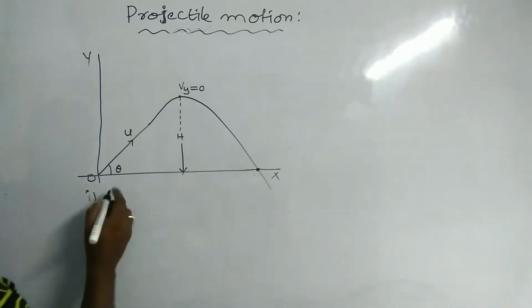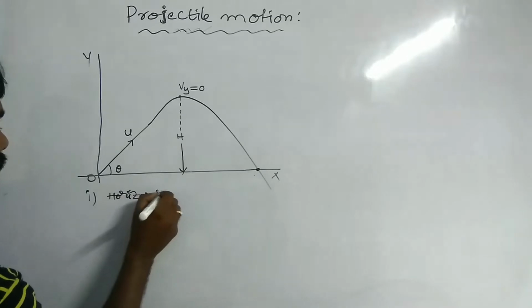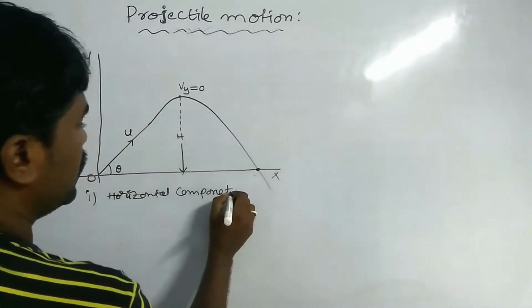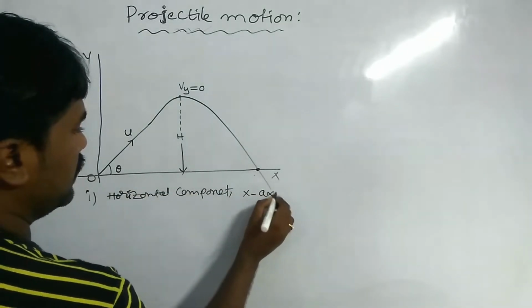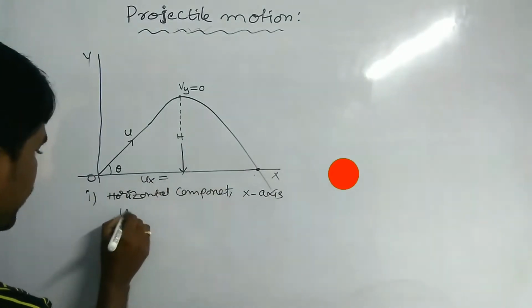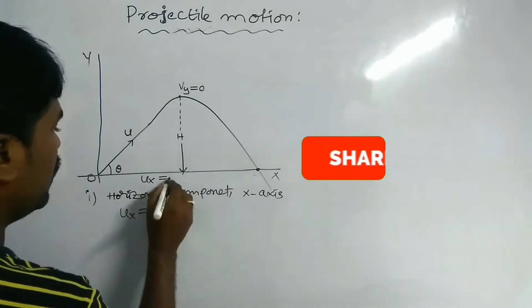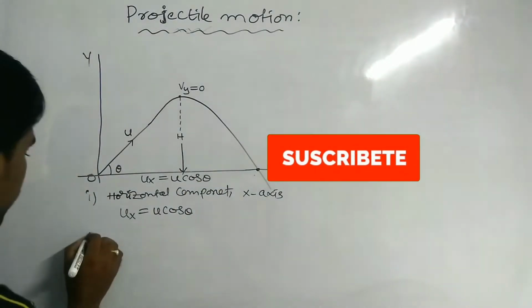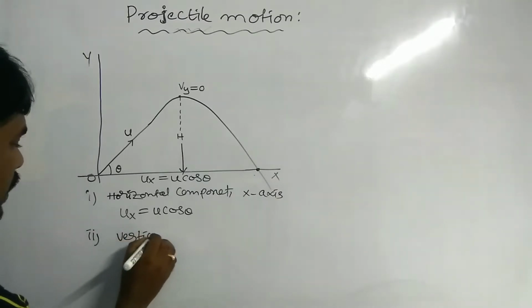The first one is the horizontal component, that is along the x-axis, where ux is equal to u cos theta. So this is the horizontal component, where ux equals u cos theta. And the second component is the vertical component.